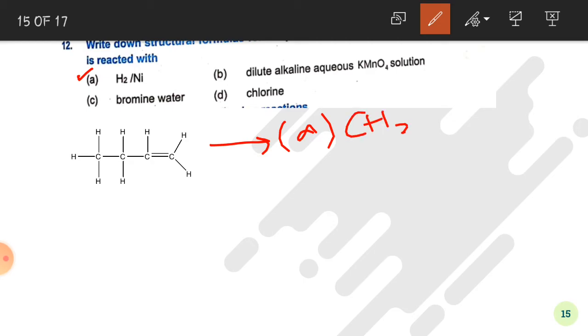So the end product would be butane. Now you have learned how the structural formulas are written, so I'm just writing the condensed structural formula for these compounds.